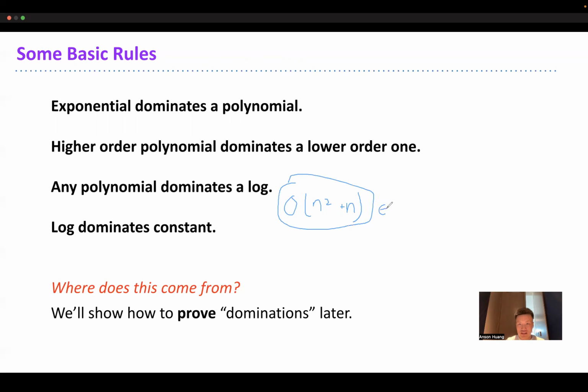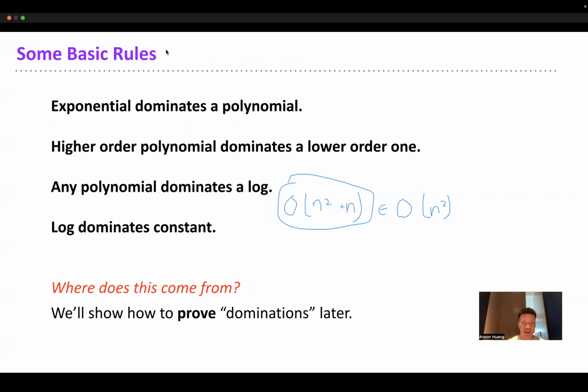So that just means that this runtime is in order n squared. So it allows us to simplify things a little bit. So if you see an exponential and a polynomial, just look at the exponential. That algorithm's runtime is exponential, not exponential plus polynomial. You just take the largest of the two, or the largest function within the function.